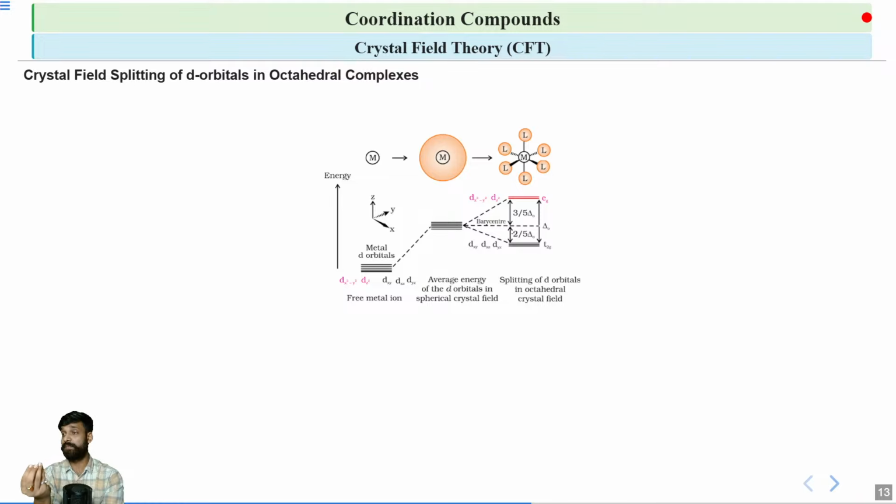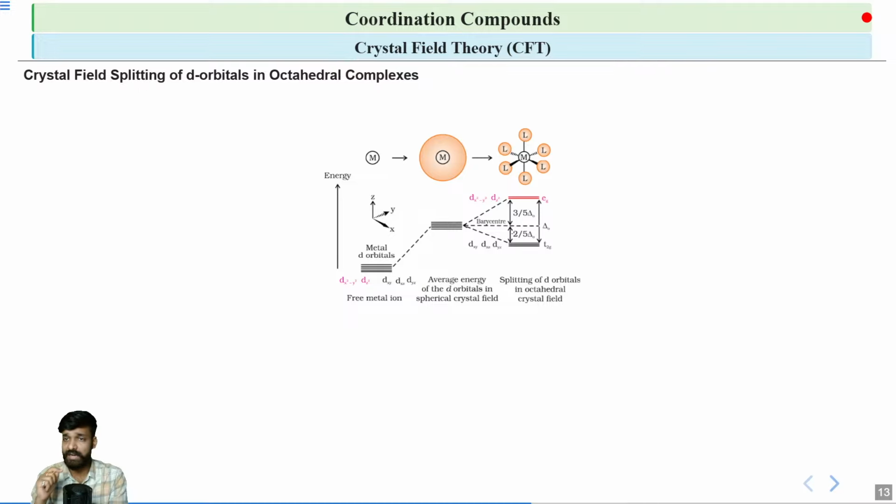If you consider the shapes of the 5 d orbitals, then 3 of them are between the axes, which are dxy, dyz and dxz. You can look at the diagram or the orbital picture of them. You will clearly see that in these the lobes are present between the axes, whereas in the case of dx square minus y square and dz square, the lobes are present along the axes.